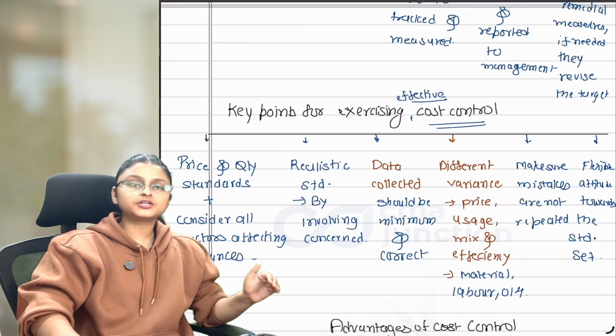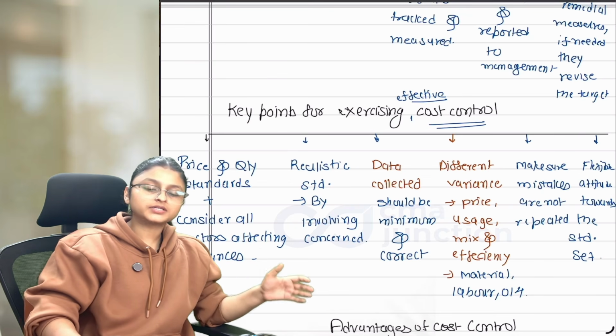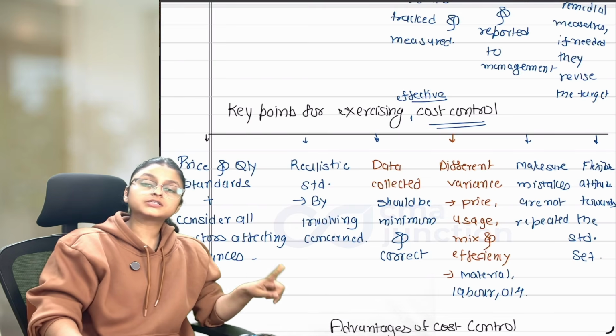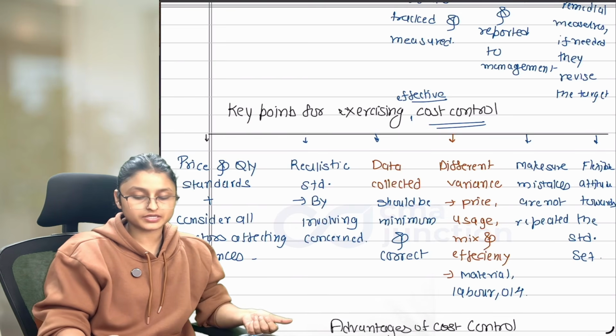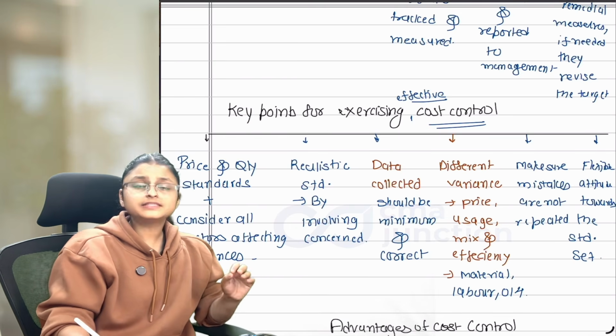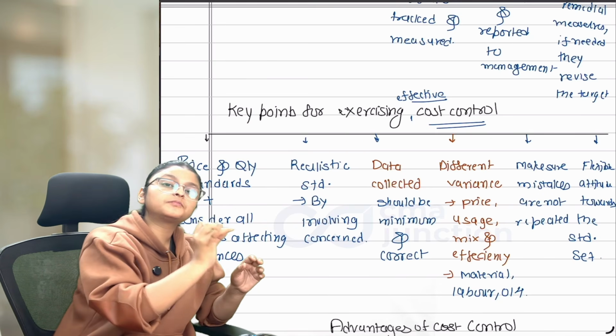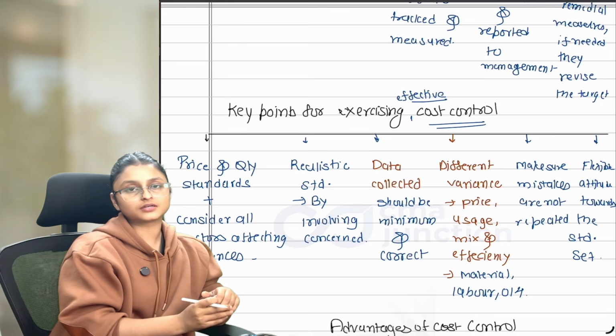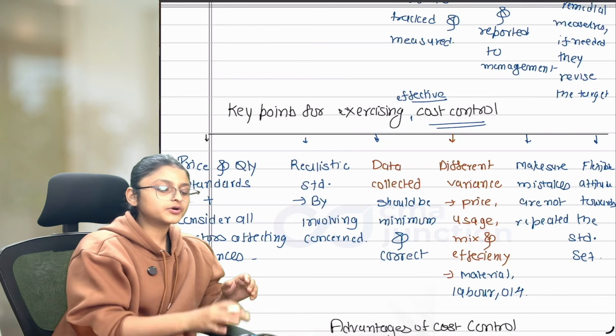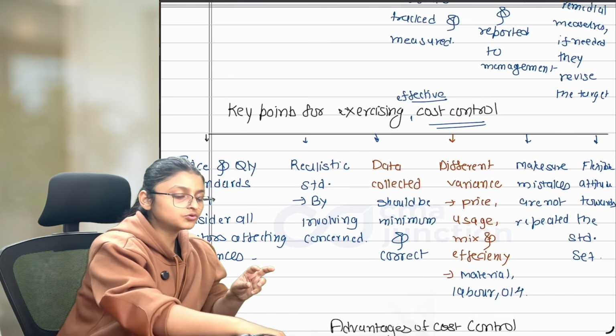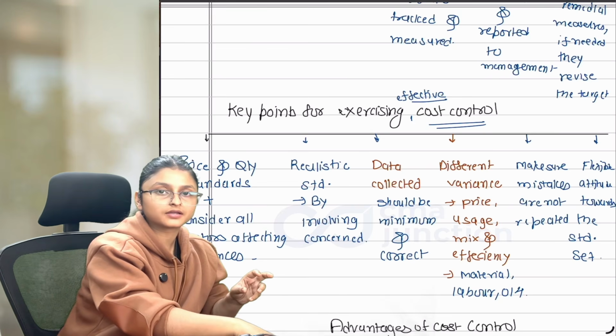For every physical unit, you should set price and quantity standards, and also consider all the factors which can affect your variances. Then set the standards on a realistic basis by involving the person who is going to follow that standard.